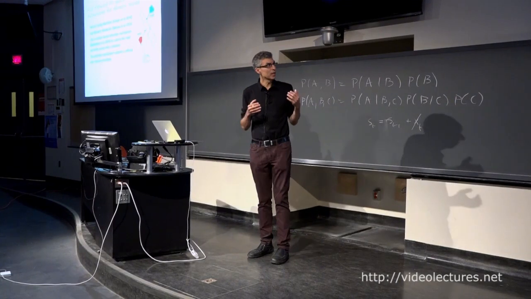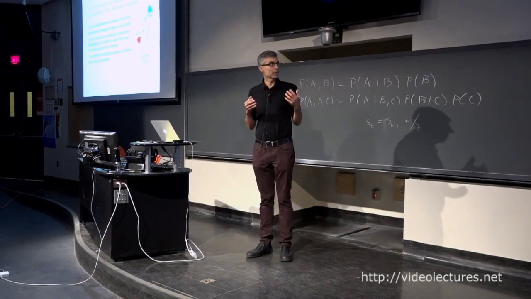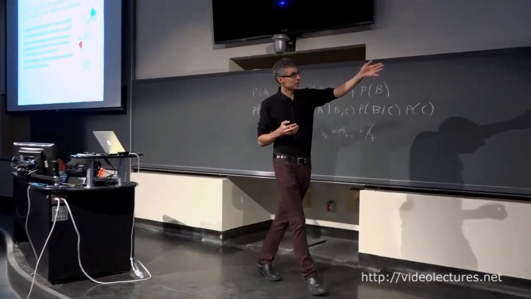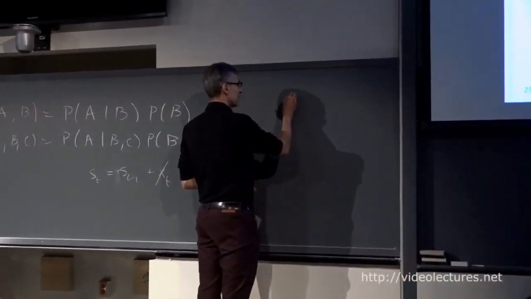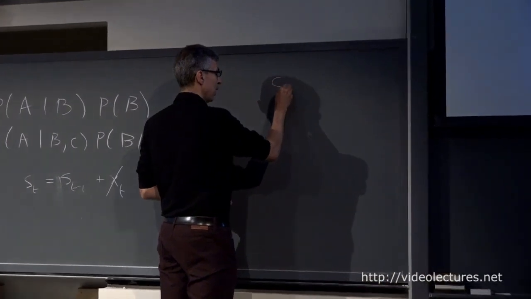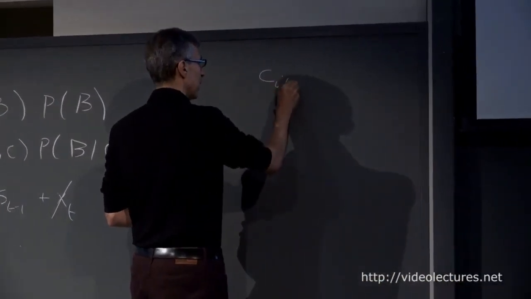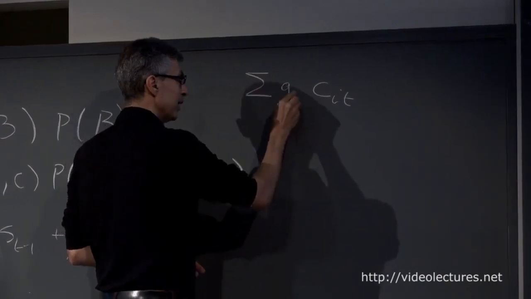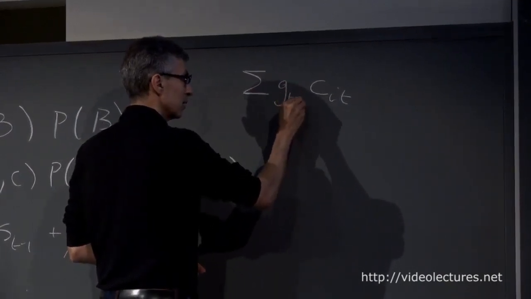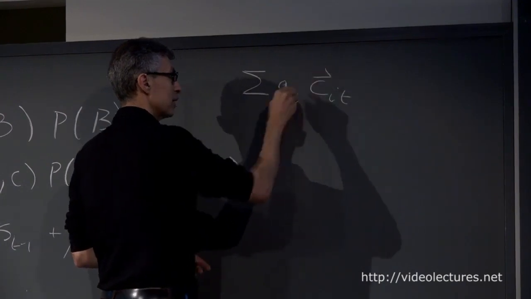We're going to take a linear combination of, say, the content of a set of cells. We have a set of cells that have, say, a content Ci at time t, and we're going to form these gating things. This is a vector, and this is a scalar.